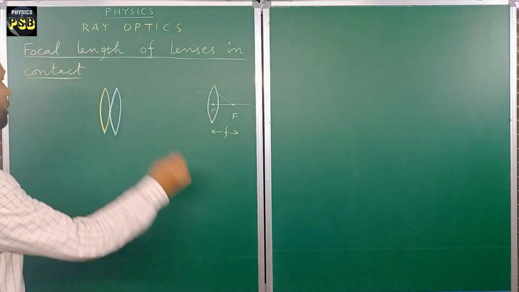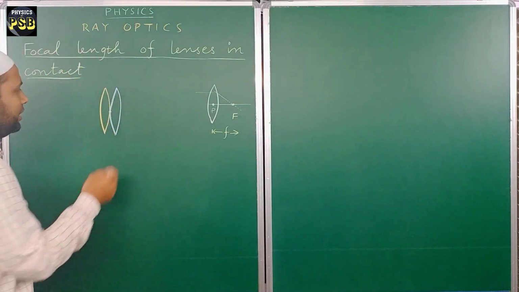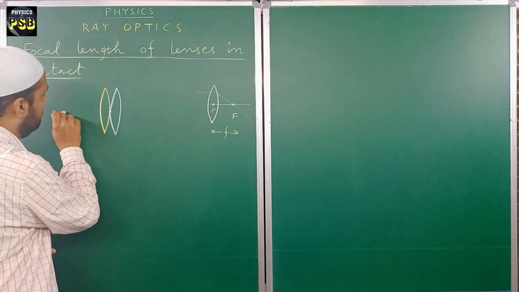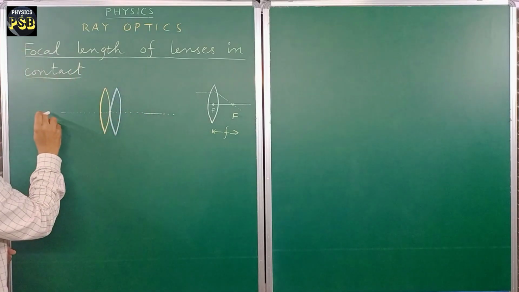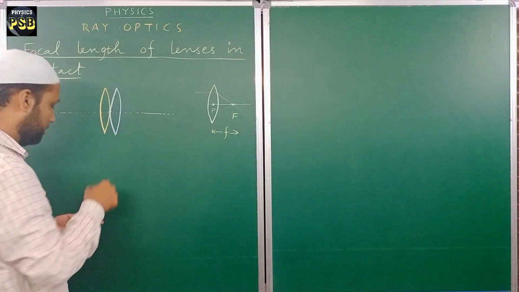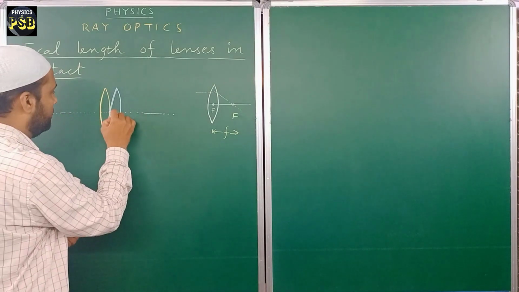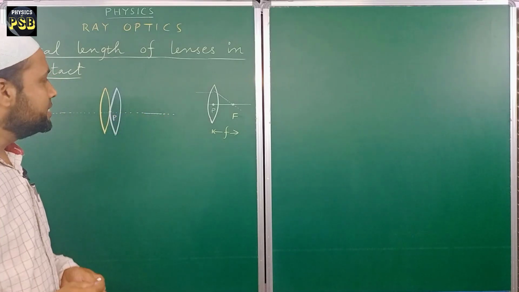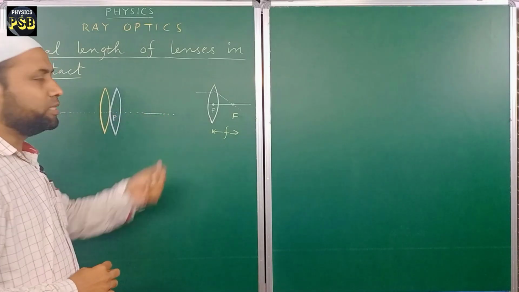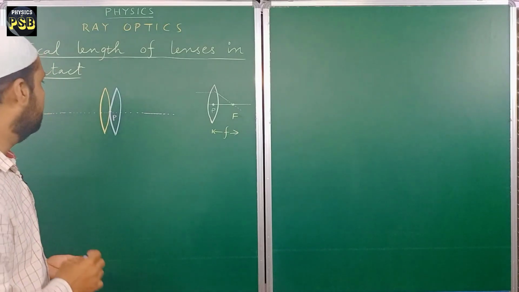Clear? Now, I draw a line here which passes through this point, which I have referred to as the pole. This is the pole, the common point. And this line which passes through it is referred to as the principal axis.